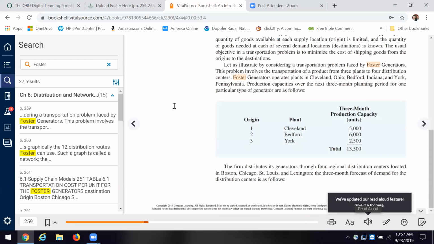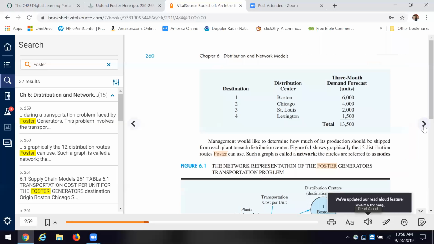But really starting out with this simple transportation problem, you have these three plants that this company has, and they have a three-month production capacity. These are the number of units that they can manufacture. Now, they distribute, as the case tells us, distributed generators, through some regional centers.